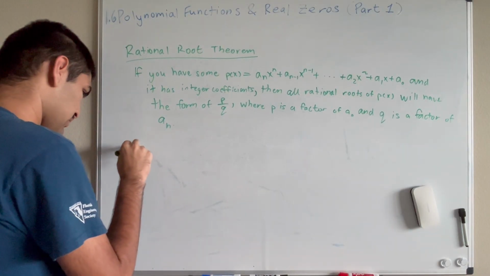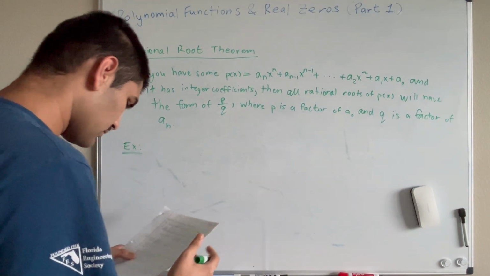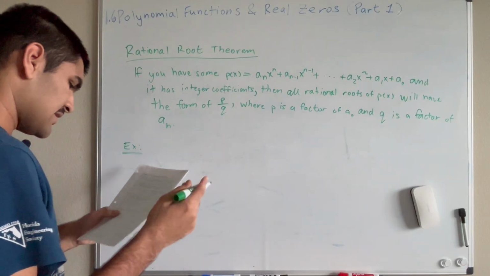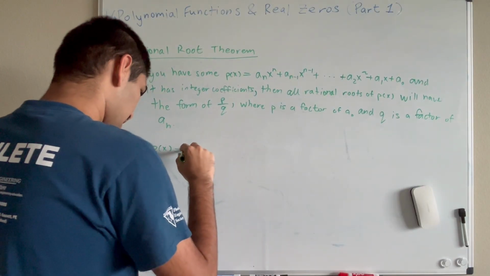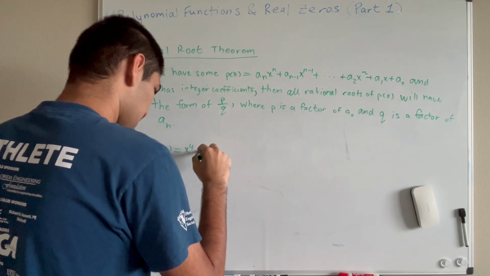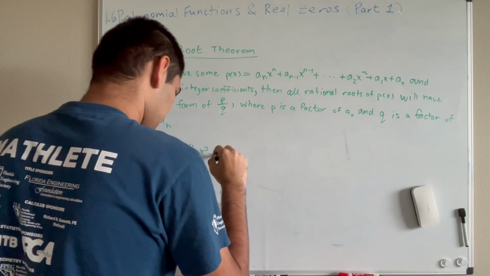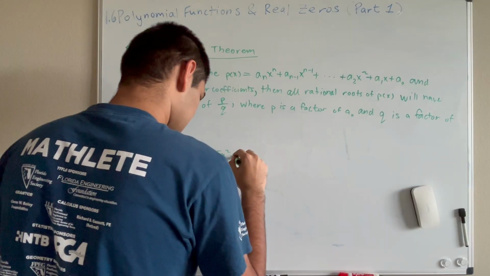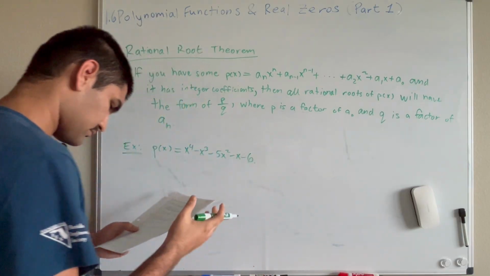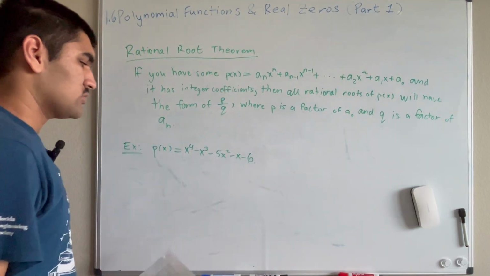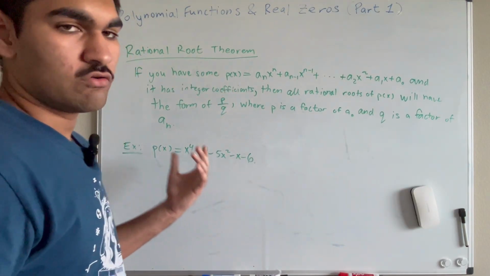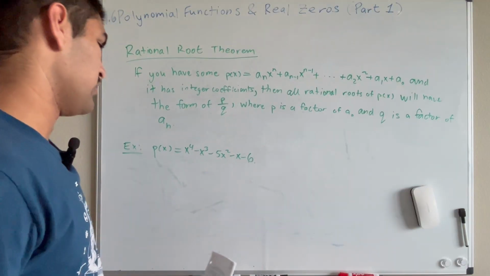So let's do another example. Let's say you have a polynomial p of x equals x to the fourth minus x cubed minus 5x squared minus x minus 6. Okay, so we can use the rational root theorem to find all the possible rational zeros of this polynomial.